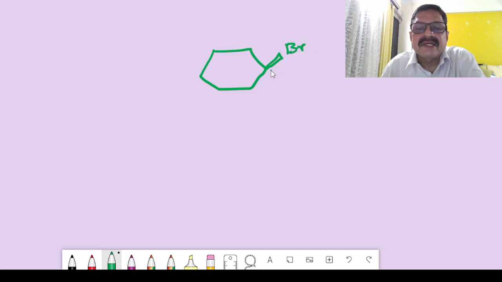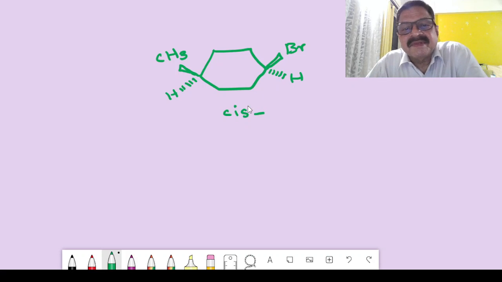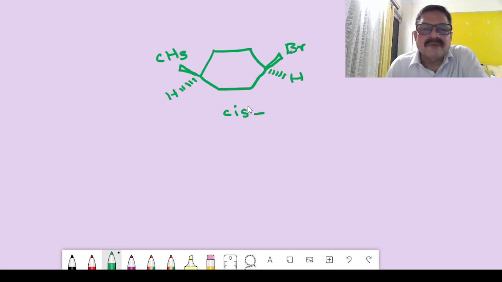Then there is this hydrogen here, and we can say there is a group here, a methyl group. We can put it here, and hydrogen here. So this is a cis compound; that is, two identical groups, the hydrogens, are on the same side of the ring here.